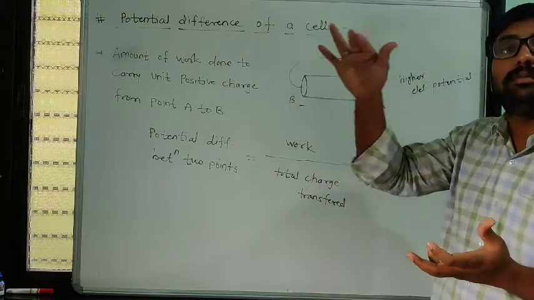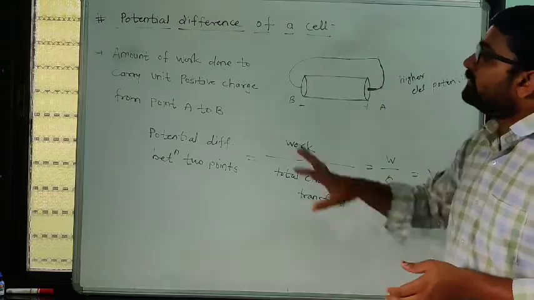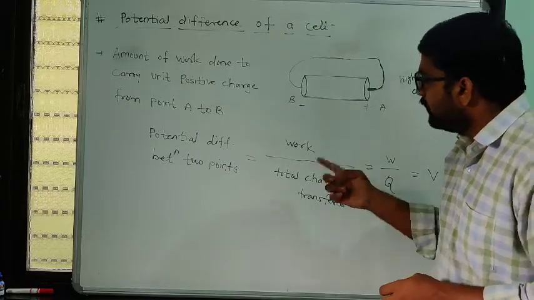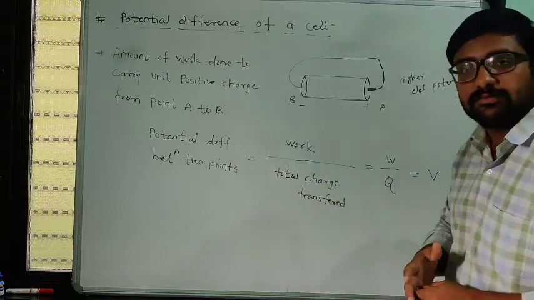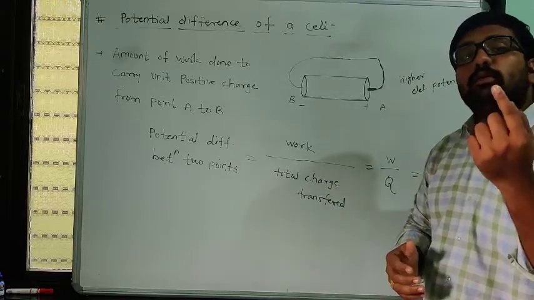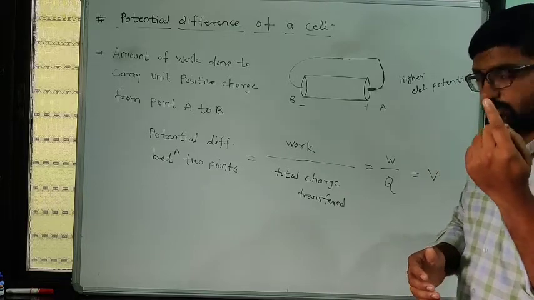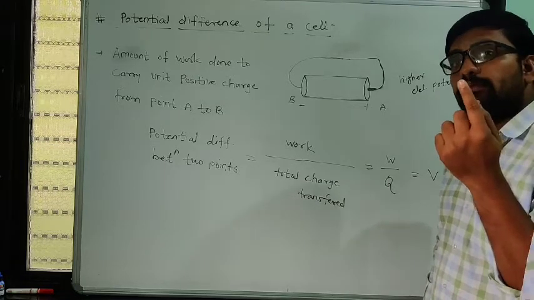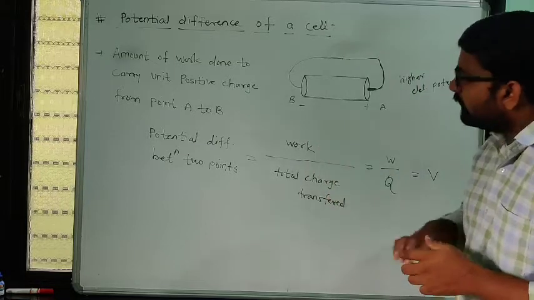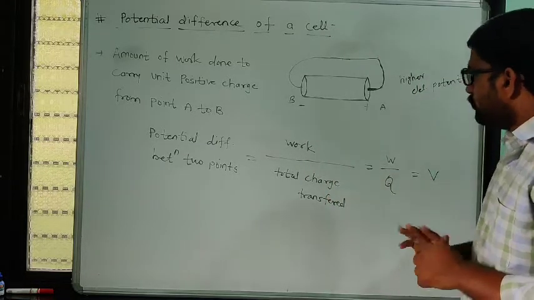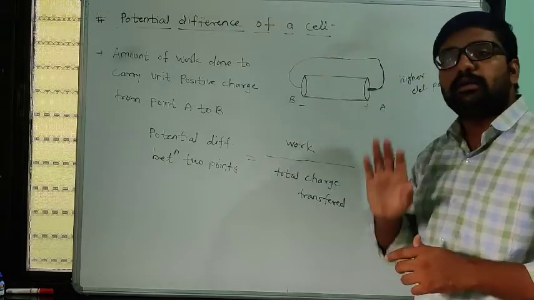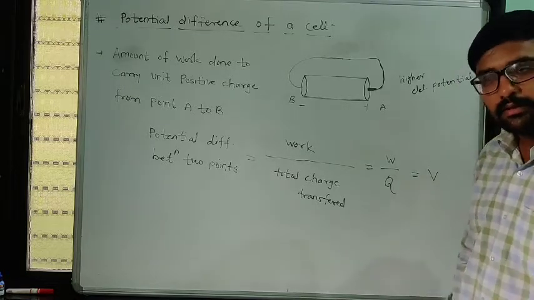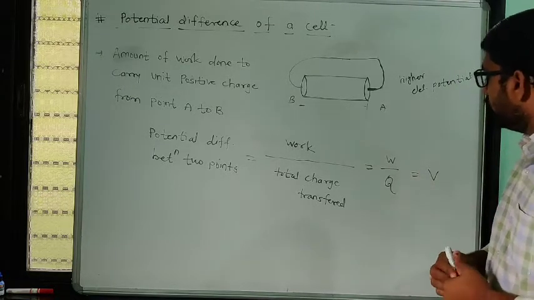The formula is work done divided by total charge transferred, which gives the work done to carry one positive charge. This W by Q is nothing but the volt.